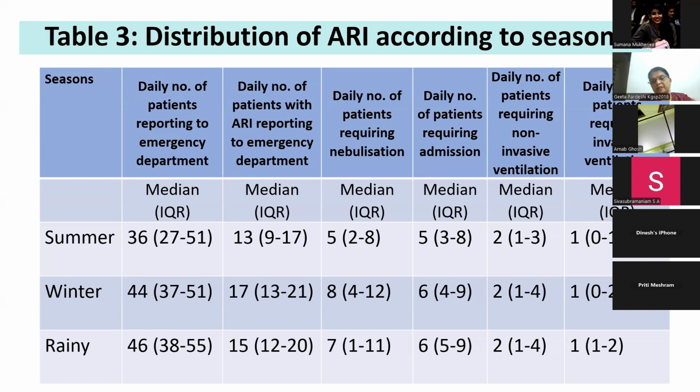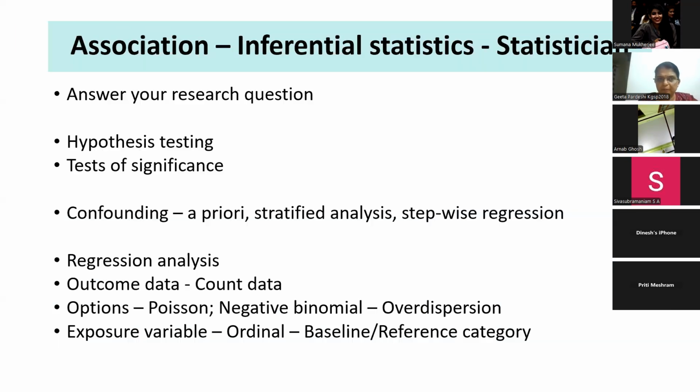Again, I am summarizing these numbers according to the type of data. It is median and interquartile range. Once I describe my data, I say that this is the distribution of my exposure and outcome, this is the distribution of my confounding variable, and this is the distribution of the exposure and outcome in different categories of the confounding variable.